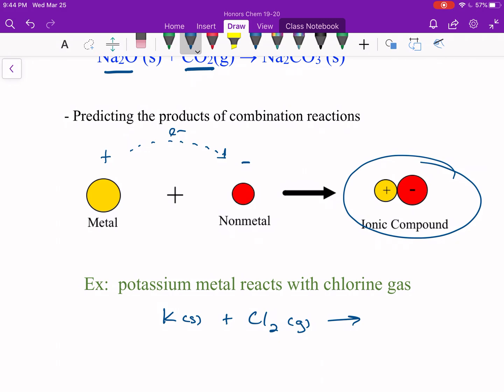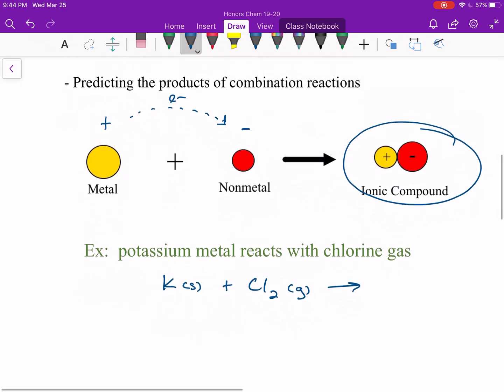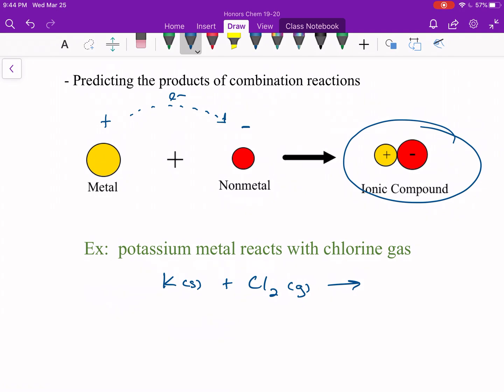We can't just stuff them together, because we have to pay attention to the charges, since that's how ionic compounds are formed. We know that potassium, when it forms an ion, will form a plus. We know that chlorine, when it forms an ion, will form a negative. So over here, we're going to get KCl.